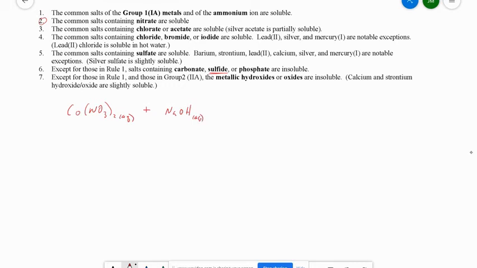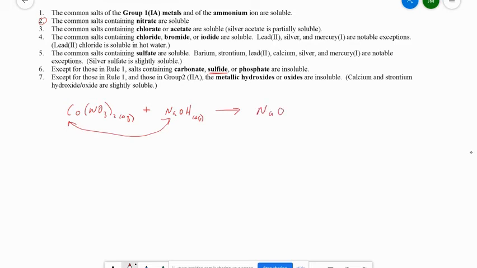Sodium, so we know that it's going to be aqueous. We know we're going to switch our cations here, shall we say?